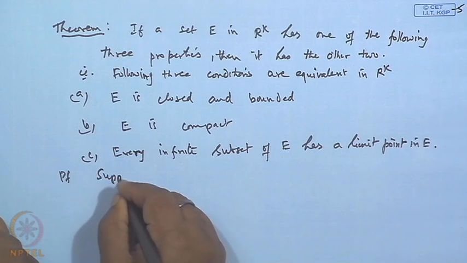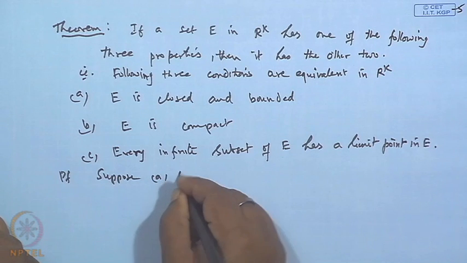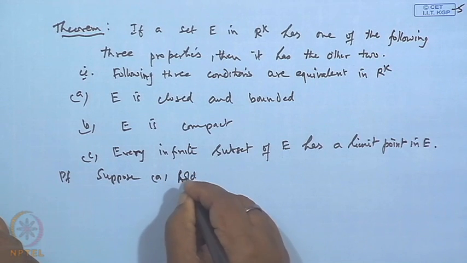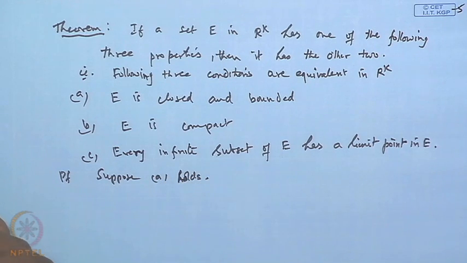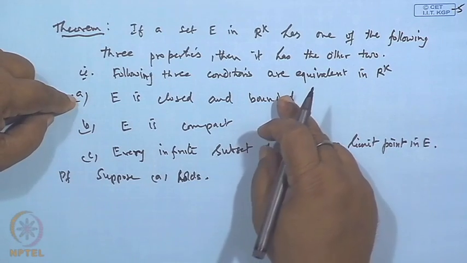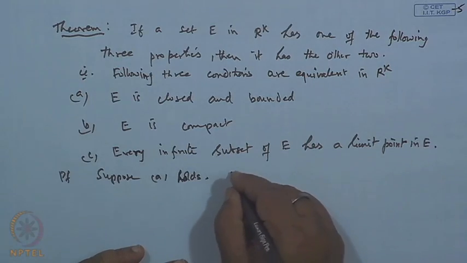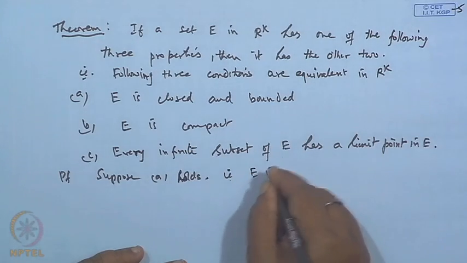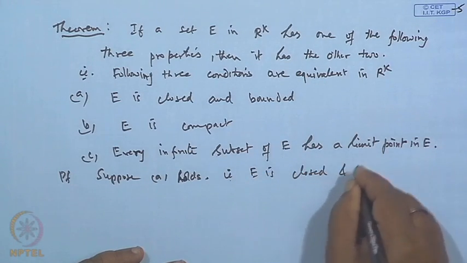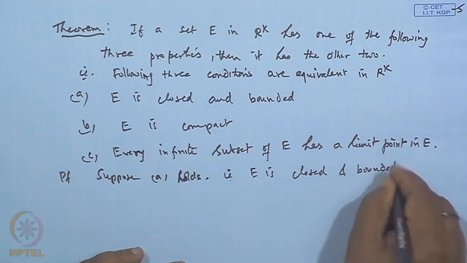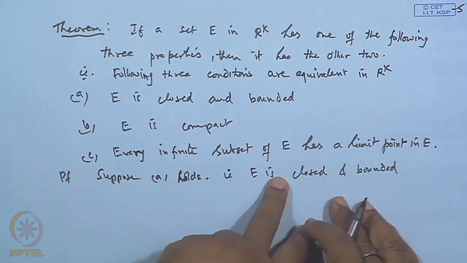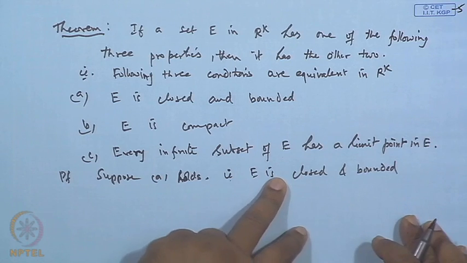Suppose A holds. It means E is closed and bounded, but we want to show E is compact. Once it is bounded, it means it will be enclosed by some cell.